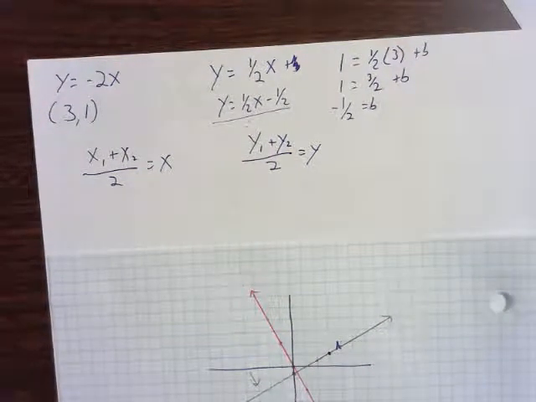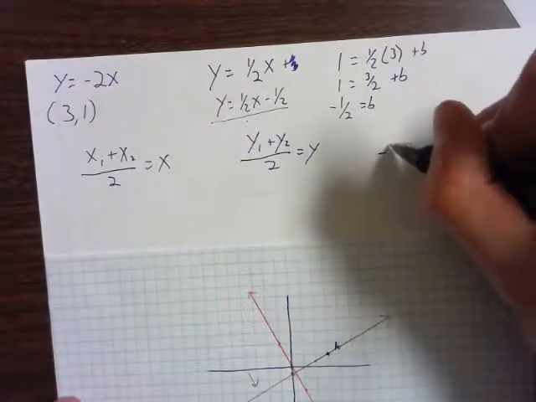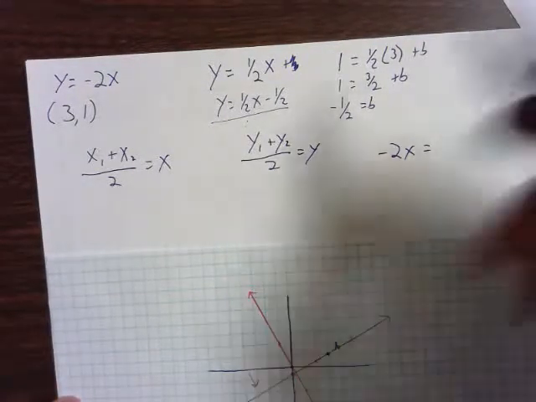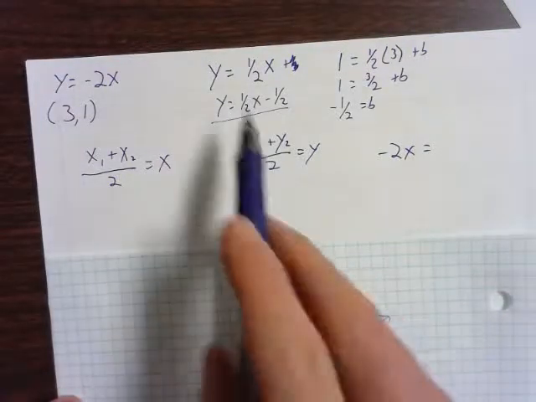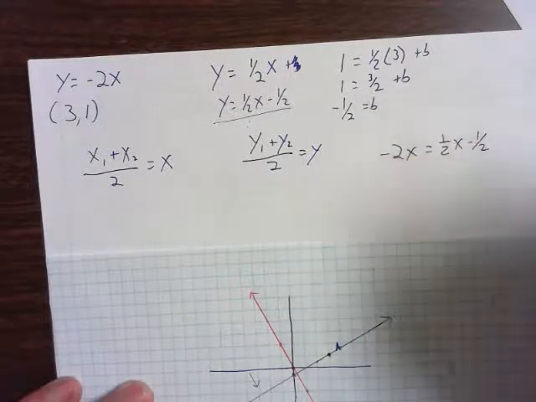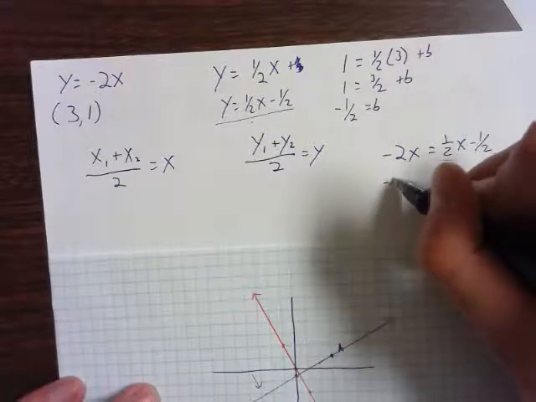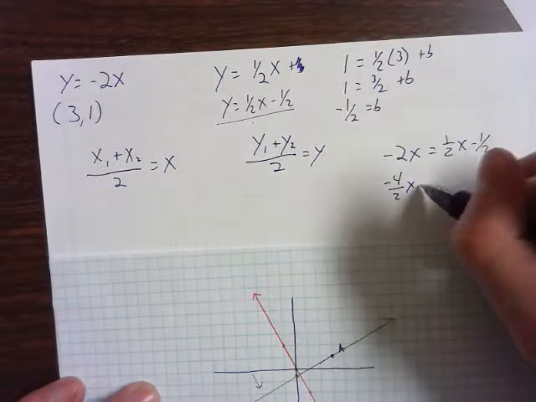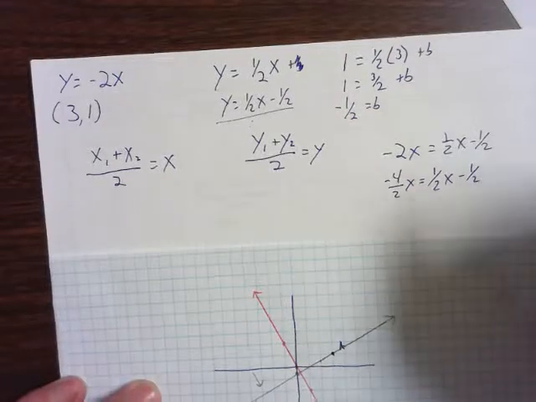But I have the equations of both lines, and remember, to find where two lines meet, I just set them equal to each other. So I have y equals negative 2x right there, and I can set that equal to my new perpendicular equation, which is 1/2 x minus 1/2, and now I can solve. Okay, so this is going to be negative 4/2 x equals 1/2 x minus 1/2.